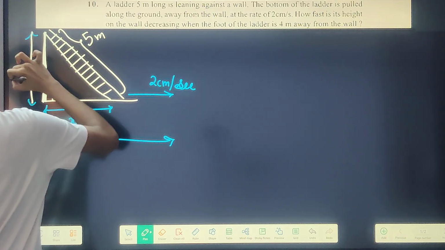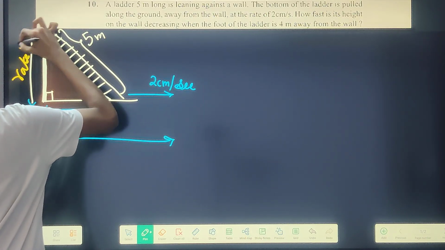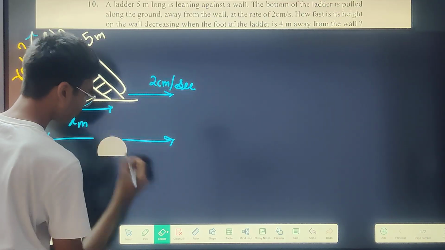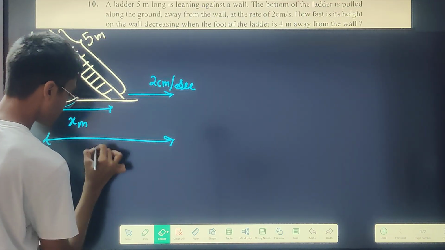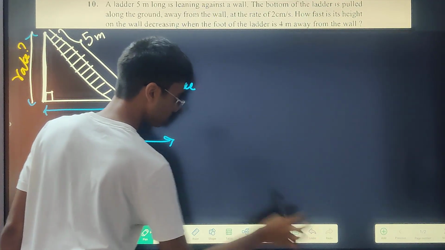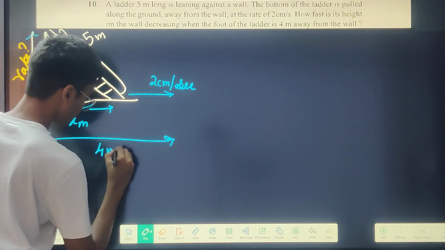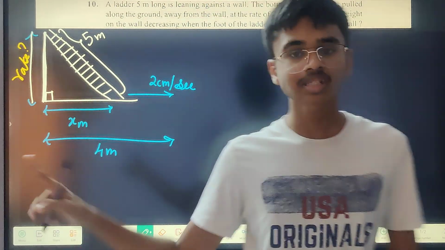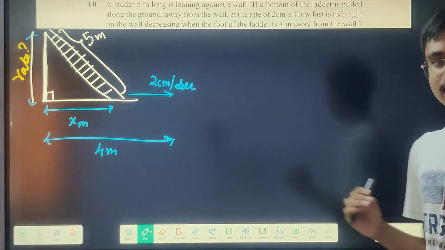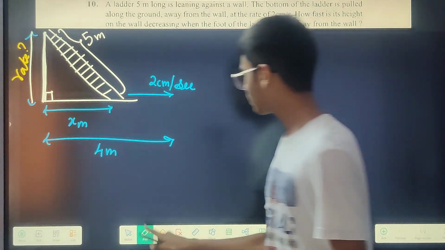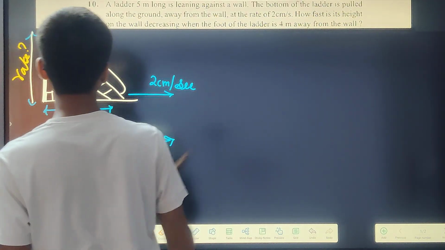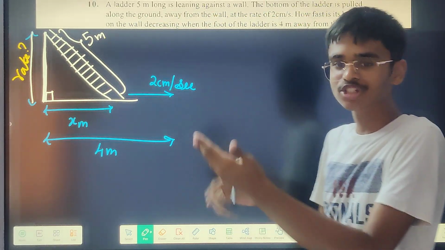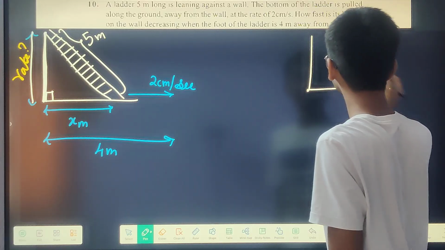That is what they are asking, when the foot of the ladder is exactly 4 meters away from the wall. This is the rate they are actually asking us. So now I will draw a different diagram for this condition. This was the ladder, this was the condition, and now the condition is like this.